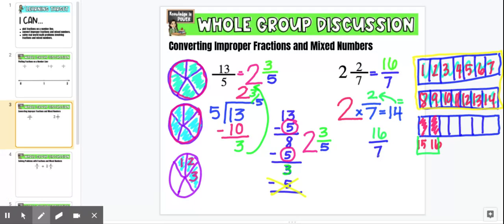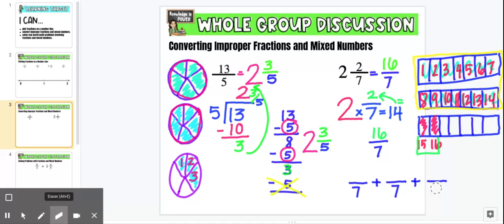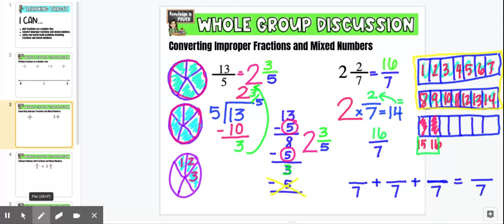Okay. Another way to think about that is, okay, I have 1 whole plus 1 whole, which is 2, plus 2 sevenths is going to equal something over 7, right? We don't know what that something is. Well, I know that this fraction is 2, okay?